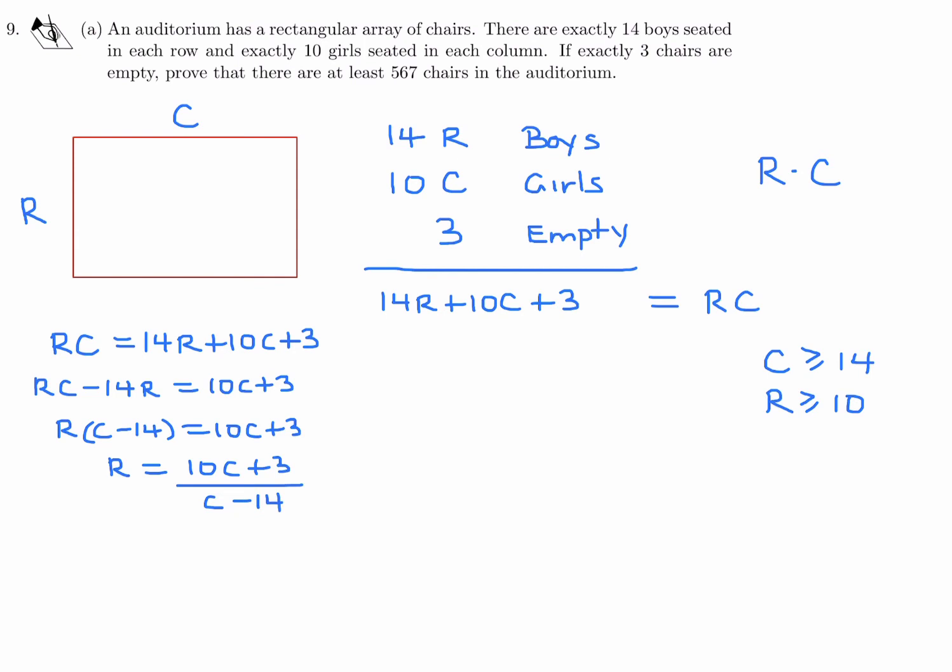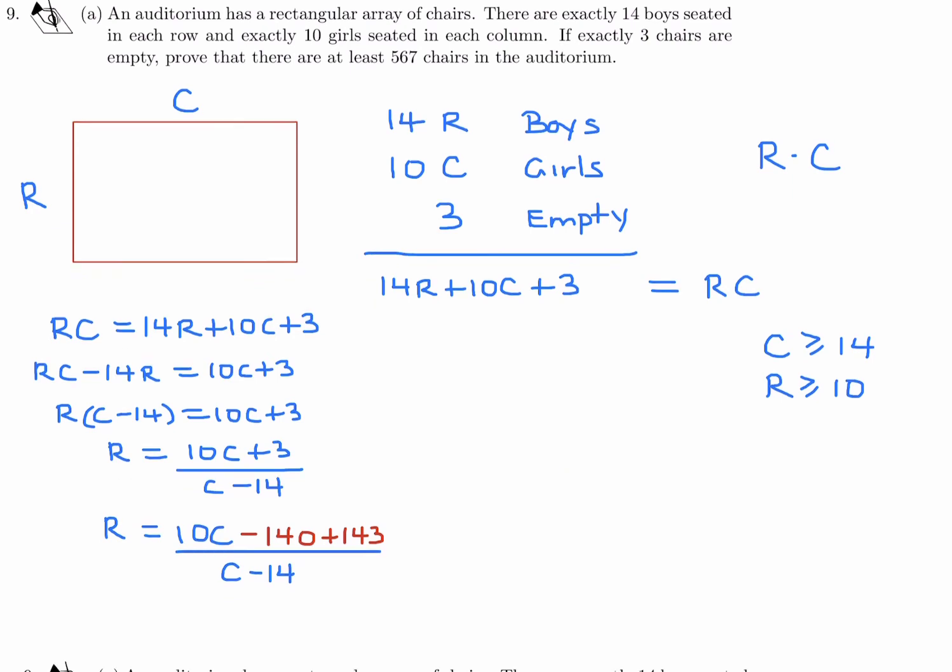We're trying to come up with an easy way to figure out what is R and what is C. But this is one of those questions that involves a little bit of an algebraic trick. And in particular, with this 3, we're going to break up that 3 into minus 140 plus 143, like that. And when you do that, that allows us to make this expression a little bit easier to handle.